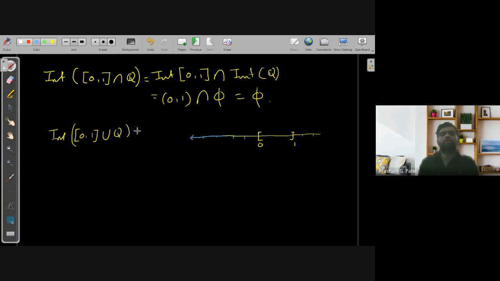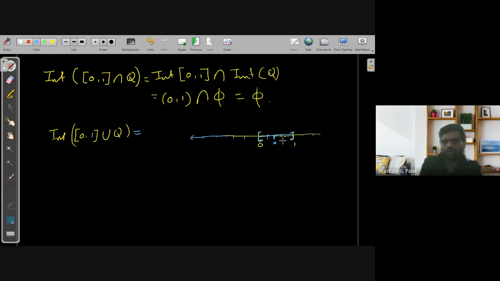What will be the interior of this set? First of all, the closed interval 0, 1: all the points which lie inside this interval are interior points of the set, because if I pick any point here and draw an open neighborhood of it, that will lie in this set.